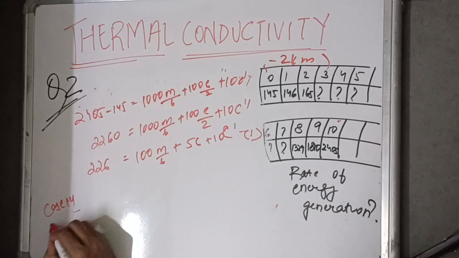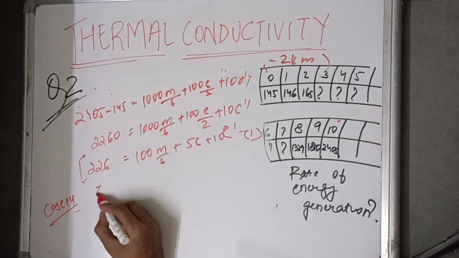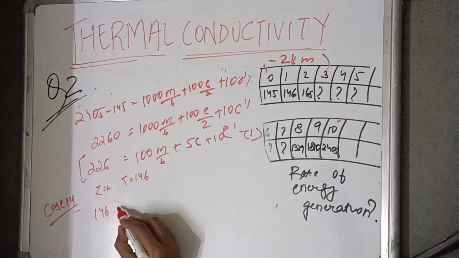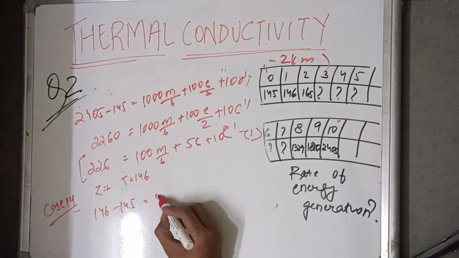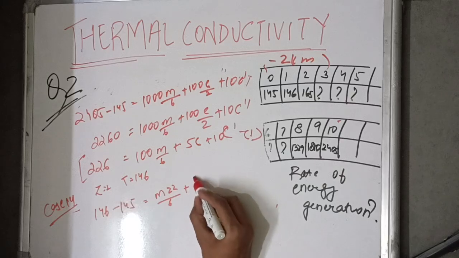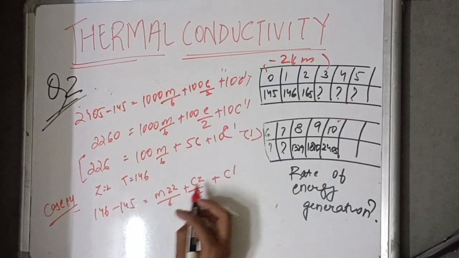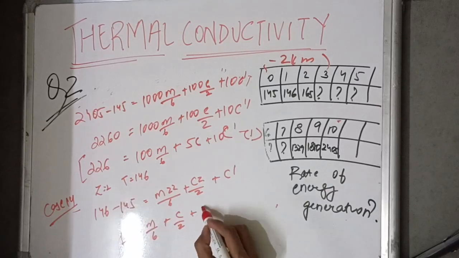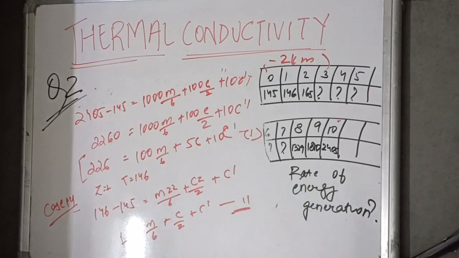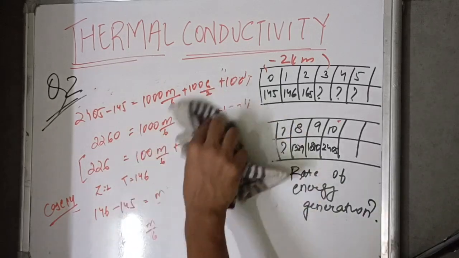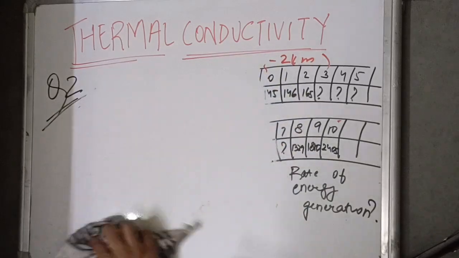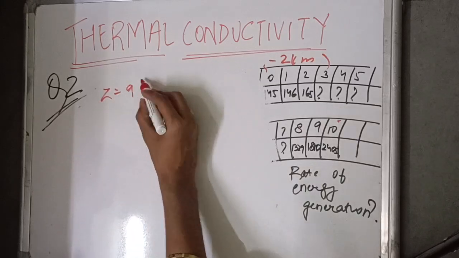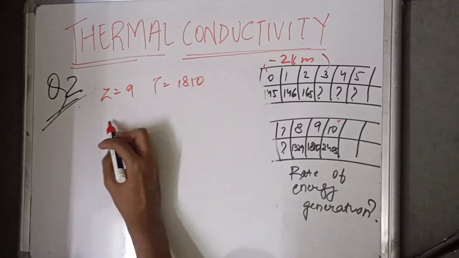Putting case 3, z equals 1, t equals 146. 146 minus 145 equals m by 6 plus c by 2 plus c dash. This we got as the second equation. Case 4, putting z equals 9, t equals 1810.